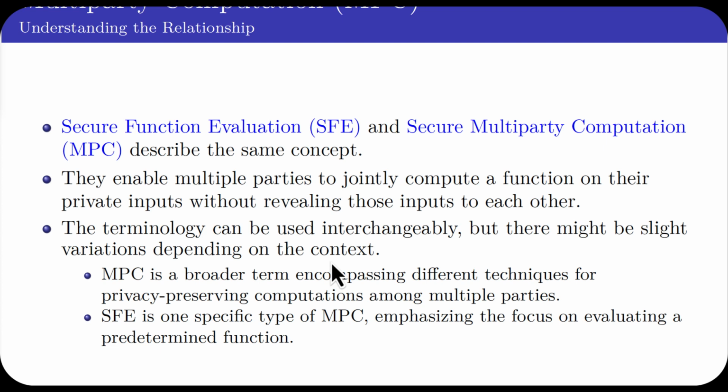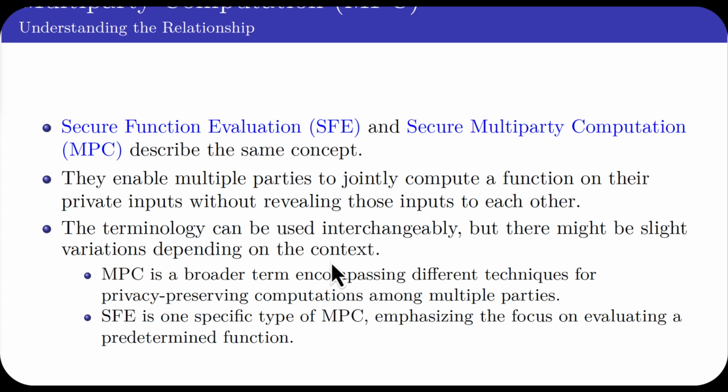You can think about secure function evaluation as a subset of secure multi-party computation. It is a specific type, where secure multi-party computation is the broader term that encompasses different techniques in order to achieve privacy-preserving computation among multiple parties.